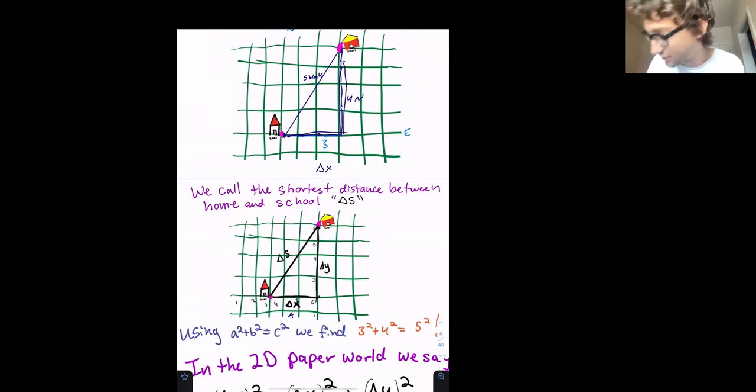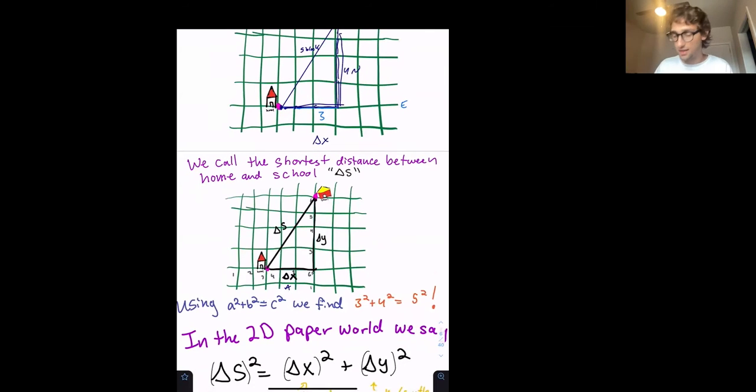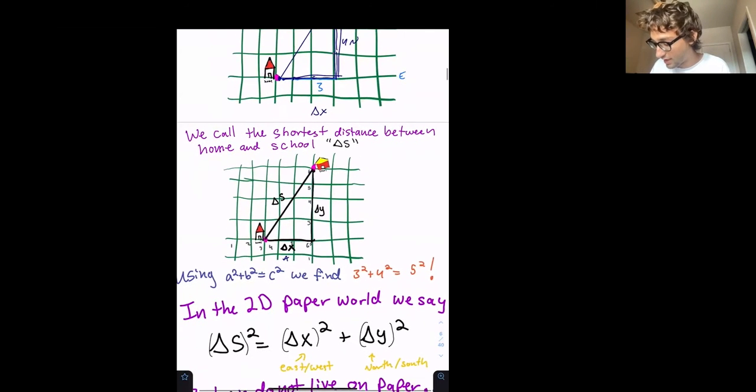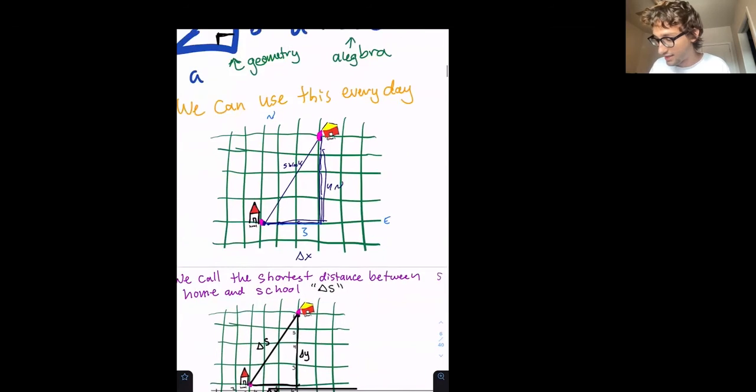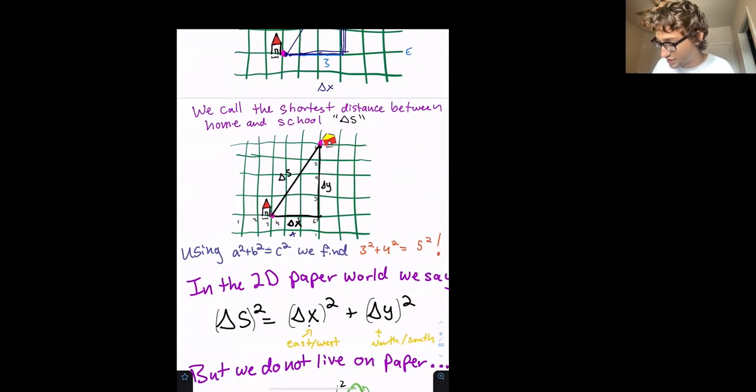So the change in x is 3 blocks. The change in the north-south direction is the change in y, so delta y. So I'm writing a squared plus b squared equals c squared as the change in x squared plus the change in y squared equals the total change of distance. So we call it ds.